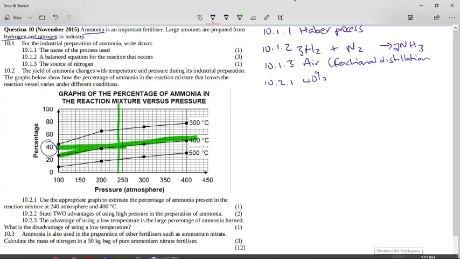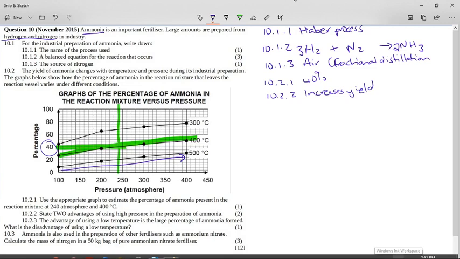Then it says, state 2 advantages of using high pressure in the preparation of ammonia. As you can see from this trend in the graph, with increasing pressure, you get increasing yield. So the advantage of using high pressure is that it increases the yield. And what is the other? In any equilibrium reaction, what happens if you increase the pressure?